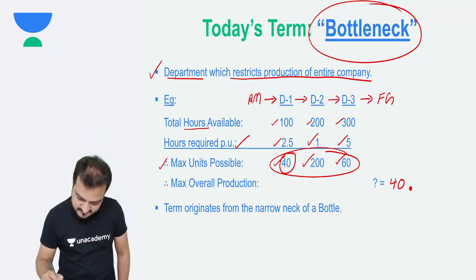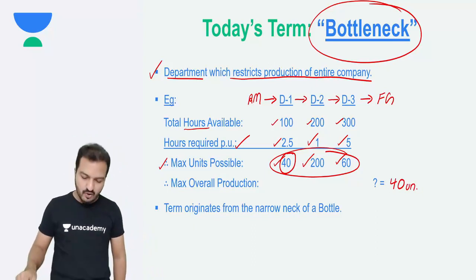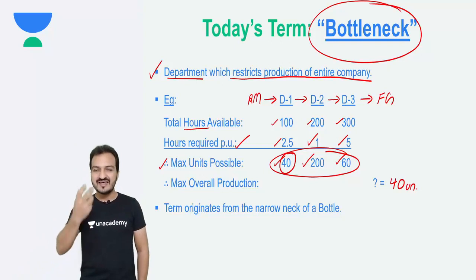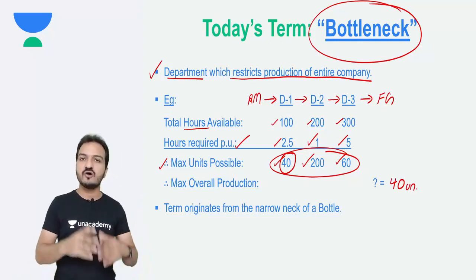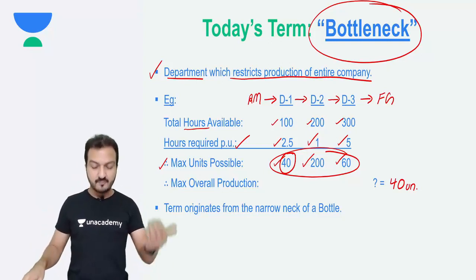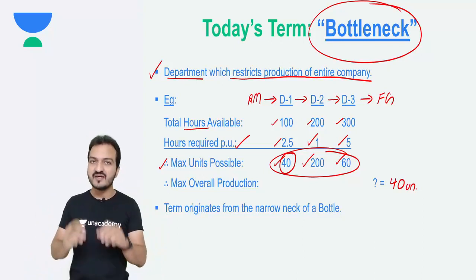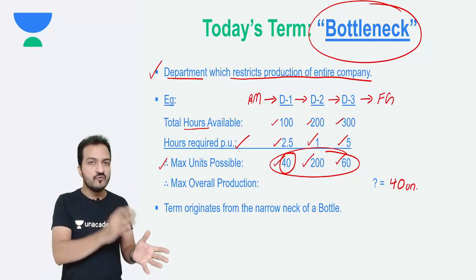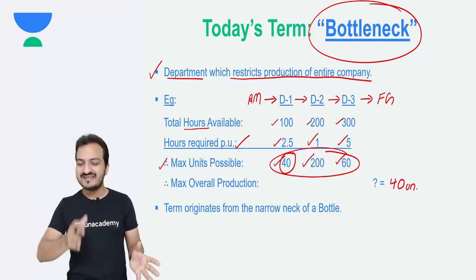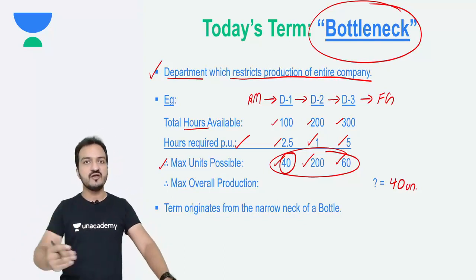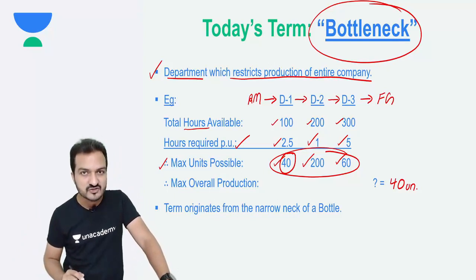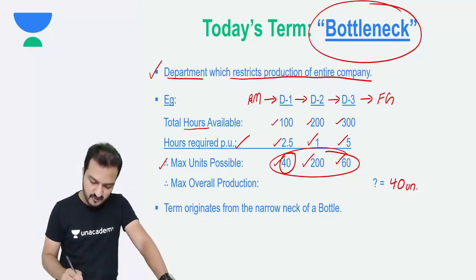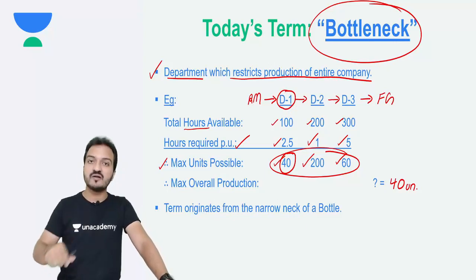Why 40 units? Because department 1 is restricting the production of the entire factory. Yes, department 2 and department 3 have more capacity, but if department 1 does not produce more units, then how will more units pass through D2 and D3? Yes or no? Yes, this department 1 is called a bottleneck.